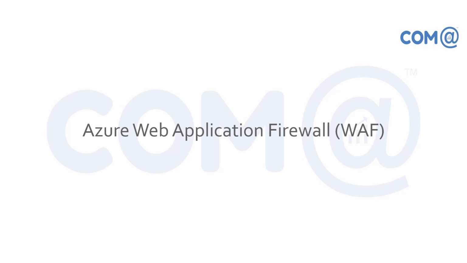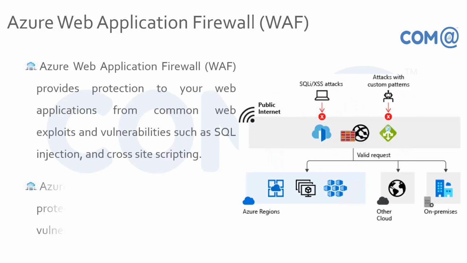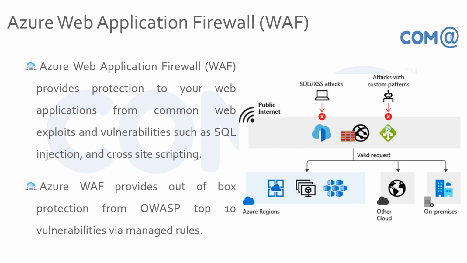Understanding about Azure Web Application Firewall. Azure Web Application Firewall provides protection to your web applications from common web exploits and vulnerabilities such as SQL injection attack and cross-site scripting. SQL injection and cross-site scripting are also most common types of attack targeted at web servers and web application servers.